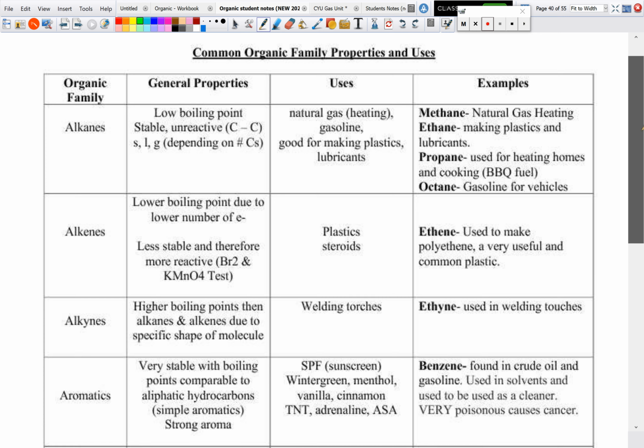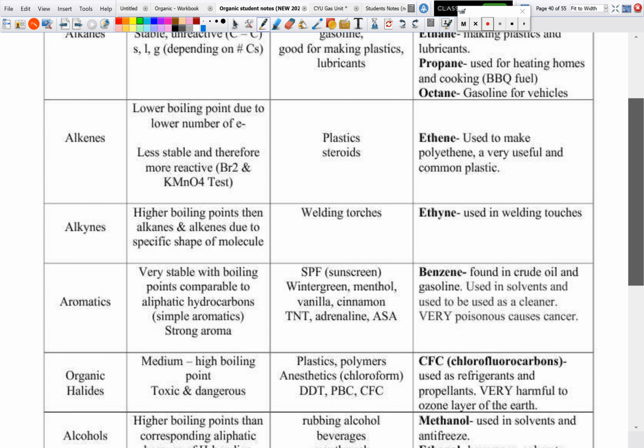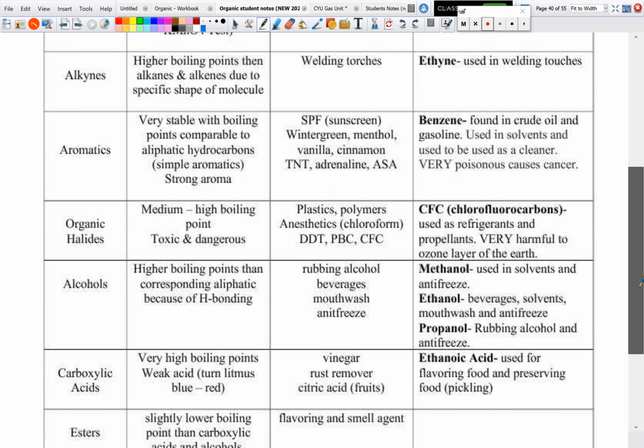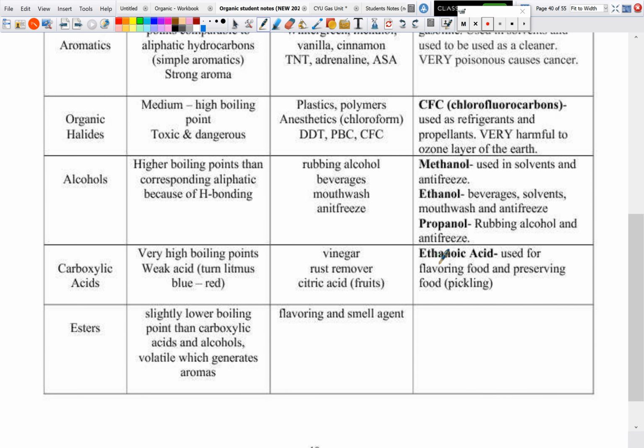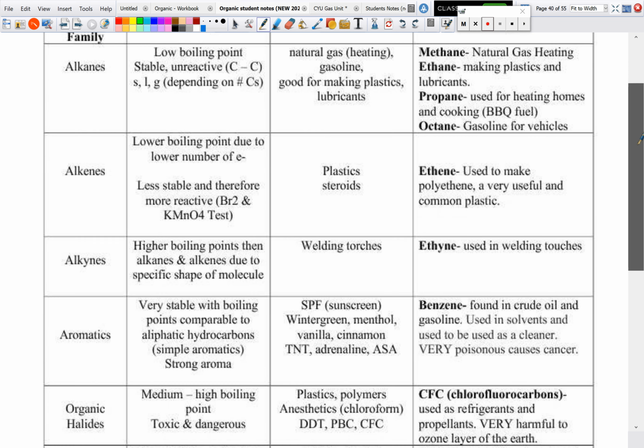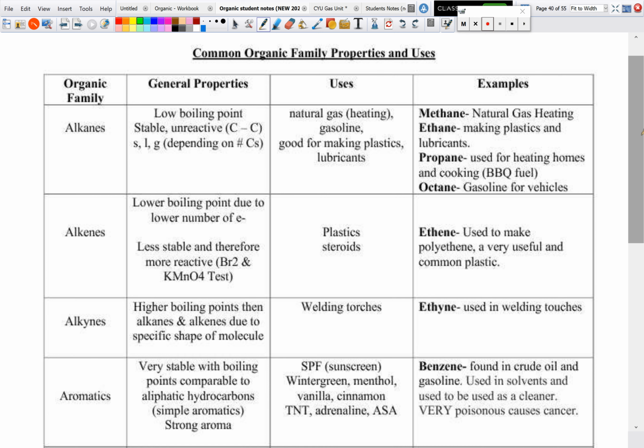So there's not a lot: methane, ethane, propane, octane, ethene, ethyne, benzene, our chlorofluorohydrocarbons, a few alcohols, and ethanoic acid. So these here are just general properties, but please have a look through and make sure you are very comfortable with looking at a particular organic family and of course some of the general uses that they can have.